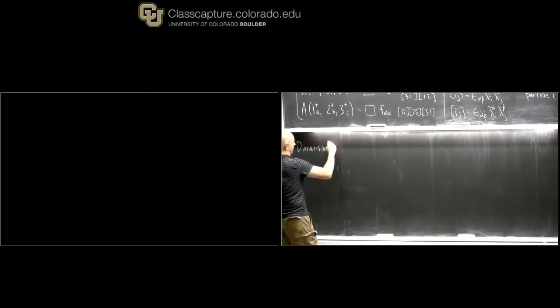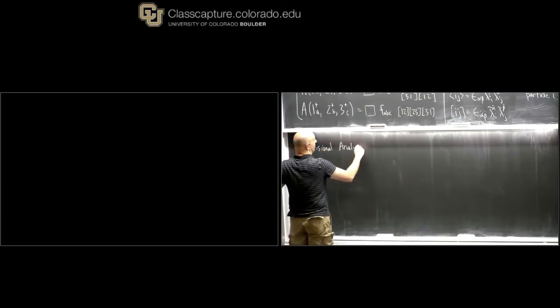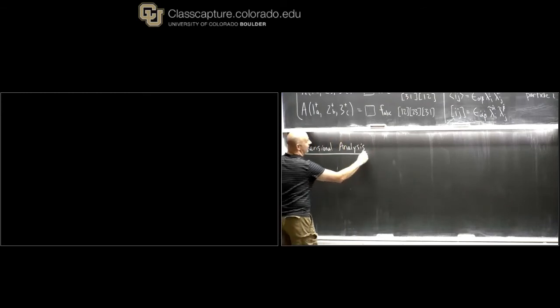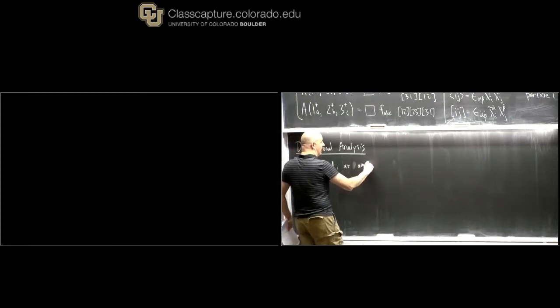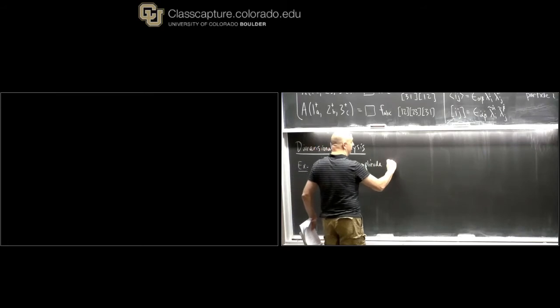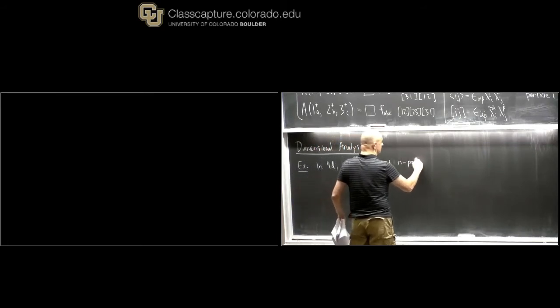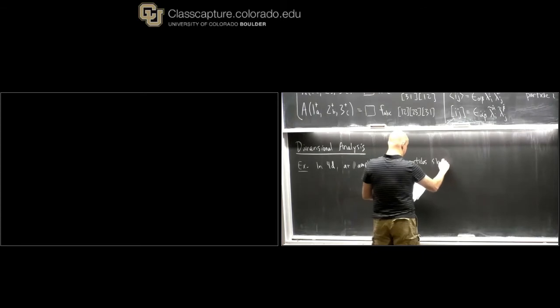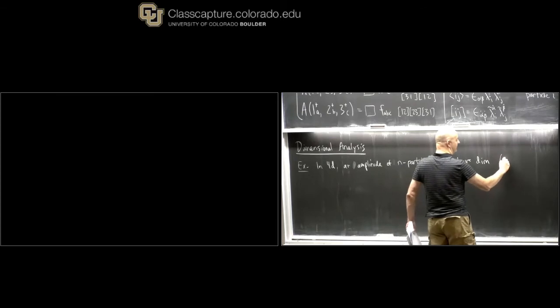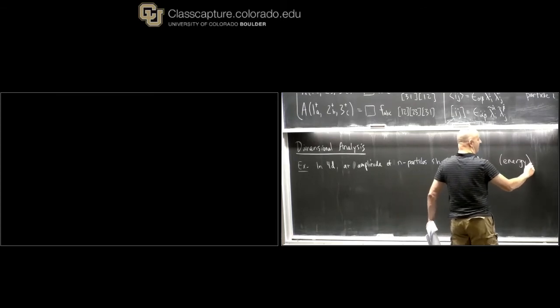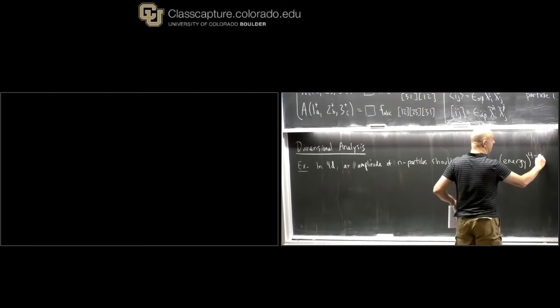Dimensional analysis will tell us at least what the dimensions of those coefficients should be that I've left undetermined in the boxes. So there's an exercise: in 4 dimensions, a scattering amplitude of n particles should have dimension of energy to the power 4 minus n.